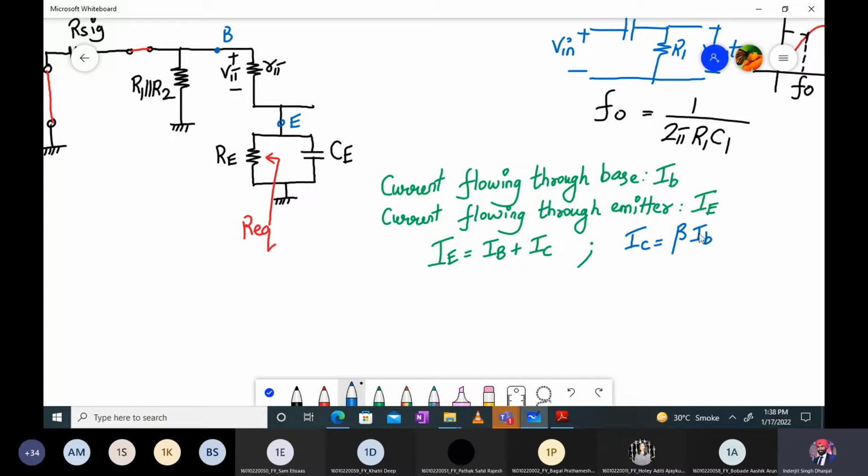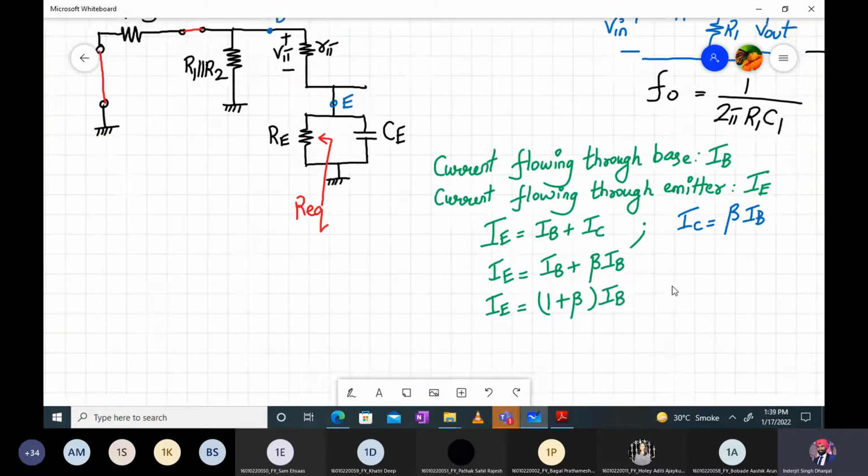Now I can write the same formula for IE and IB relation: IB plus beta times IB. Finally, the emitter current will be equal to 1 plus beta, which I take common, and outside the bracket I have IB.